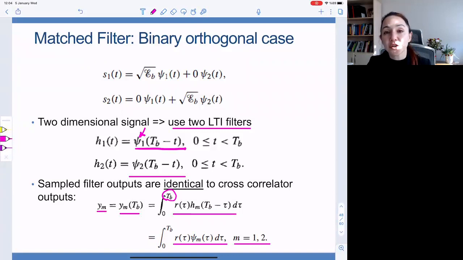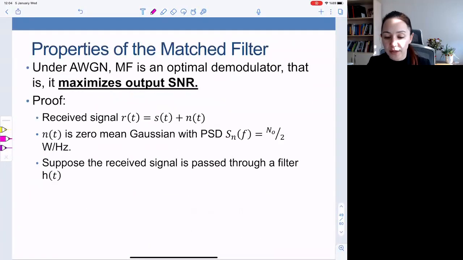So we will make decisions based on Y1 and Y2. We have a vector Y1, Y2 from which we're going to decide whether a 1 or a -1 was sent.